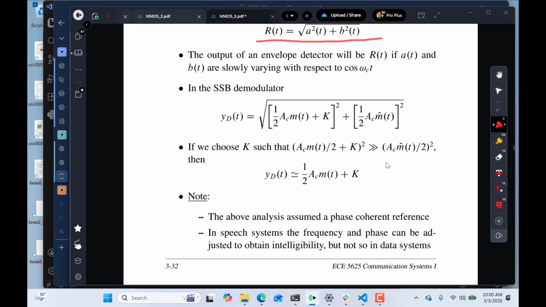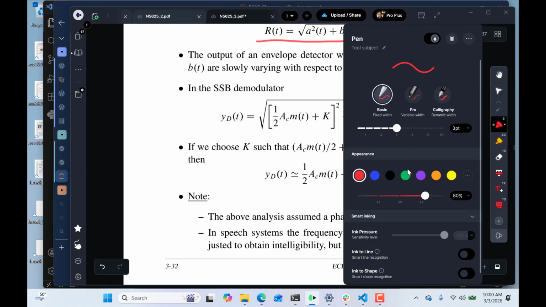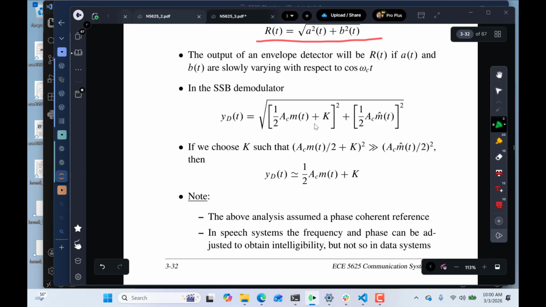And the way you can do that is when we reinsert the carrier, we can make this reinserted carrier be large. We can push it up there at the receiver, make it sort of swamp out the signal with a large amplitude, and then we have the binomial expansion.